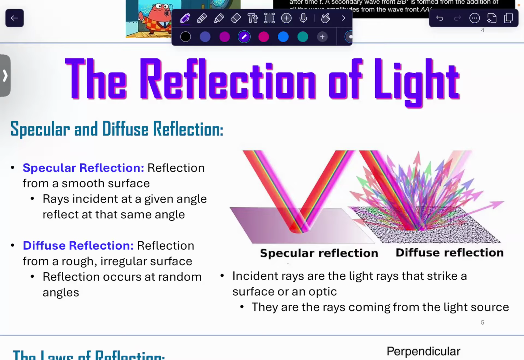Incident means the light ray that is coming in and hitting the surface. Diffuse reflection is on a rough surface. This is most of the reflection that we see. And so the incident light hits it and it scatters in all different directions.